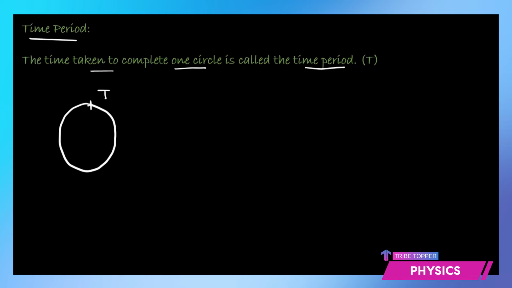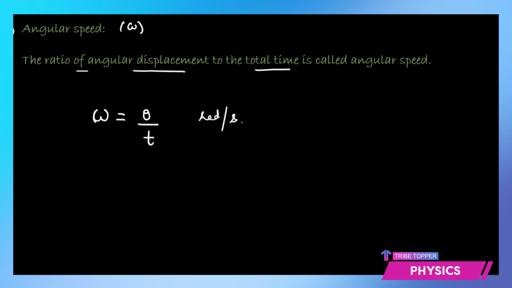Now, I just told you that angular speed is theta by t. So if your t is not any time but it is equal to the time period capital T, then what should be the angle traced out? Obviously, it would be 2 pi, because time period is that time T in which your full circle is traced out, and the angle in a complete circle is 2 pi.